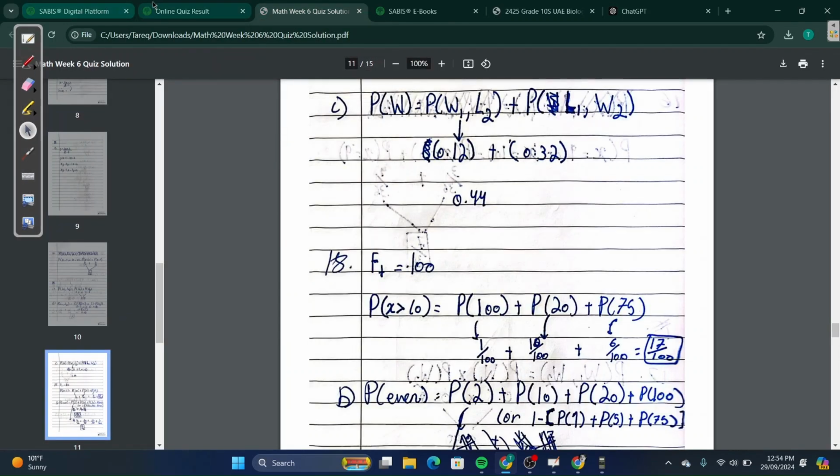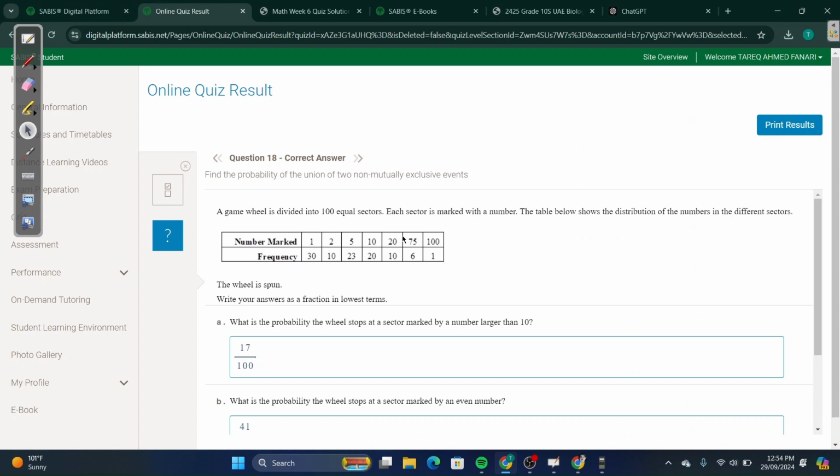So you have here 100, you have 75, and you have 20, all of them greater than 10. The probability of getting 20 is going to be 10 over 100, the frequency over the total frequency. Don't simplify, because they're all going to be over 100, so it's best not to. Because you might get a number, like for example here, 1 over 100, you can't simplify it.